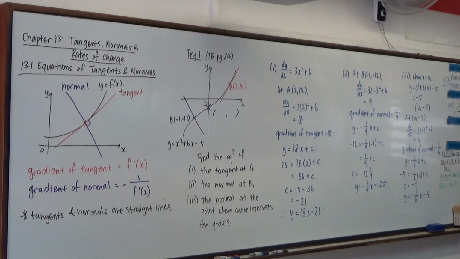So our equation will be y equals negative 1 over 6 x minus 5. Questions?